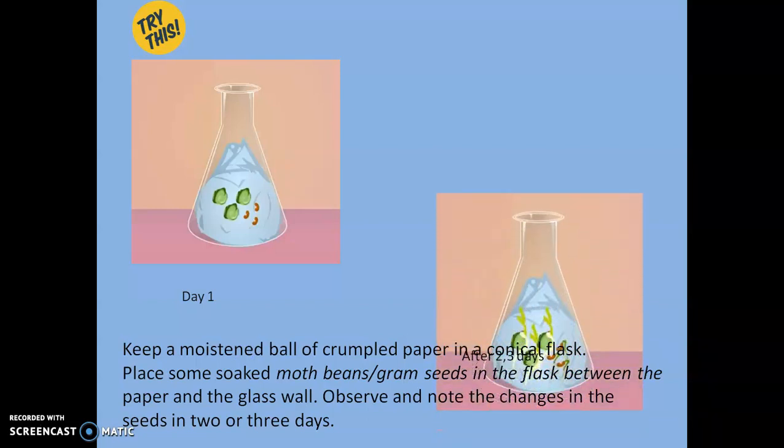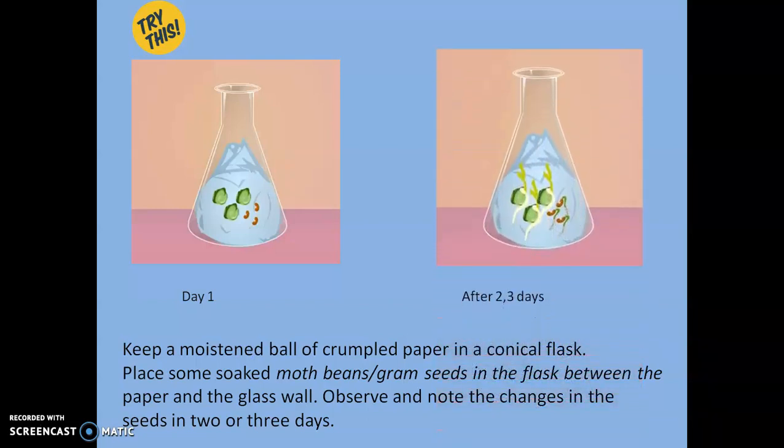So after 2 to 3 days, nicely we can see the seeds have now developed this kind of structure. Okay, so we see that the seeds have grown, or what we call germination of seed. So the seed develops root and shoot.